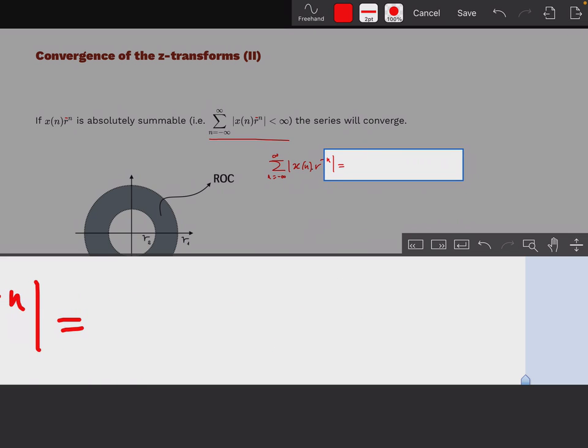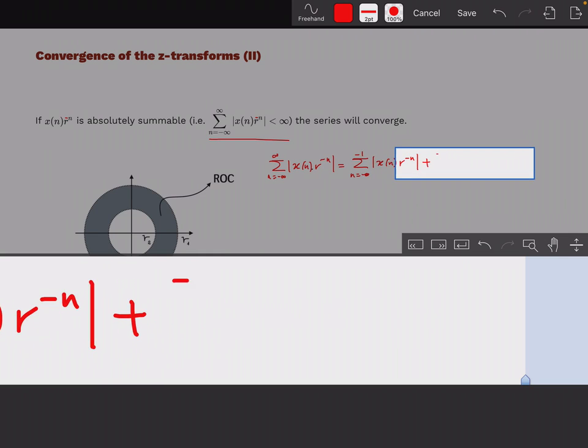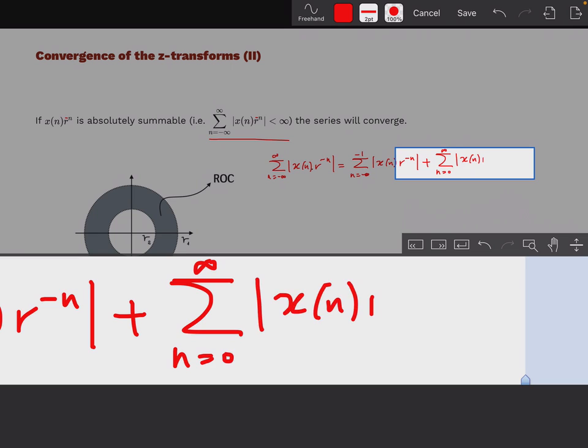So let's write the terms on the right hand side of time origin and left hand side of time origin. So we're going to have n from minus infinity to minus 1 x of n r to the power minus n, plus values including 0, n from 0 to infinity, x of n r to the power minus n, absolute value.